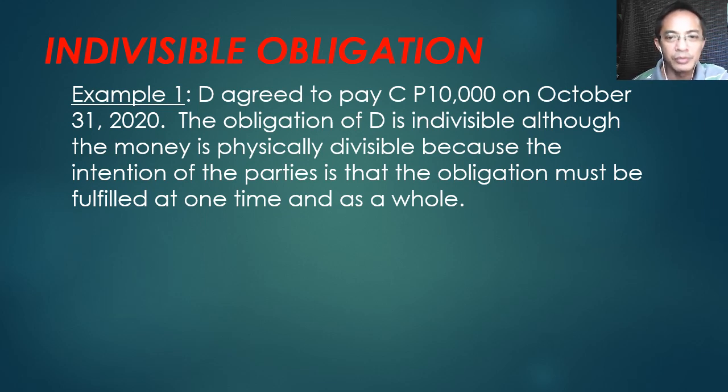So the obligation of D here is indivisible although the money can be physically divided because the intention of the parties is that the obligation must be fulfilled at one time and as a whole. Okay. So si D magbabayad ng buong 10,000 kay C on October 31. Kahit na silent yung problem, the parties actually intended that the 10,000 will be indivisible.